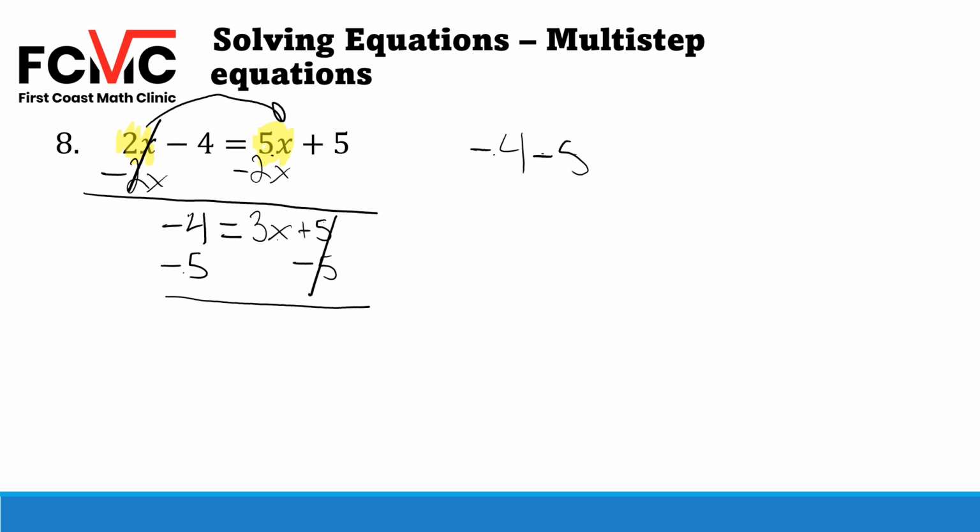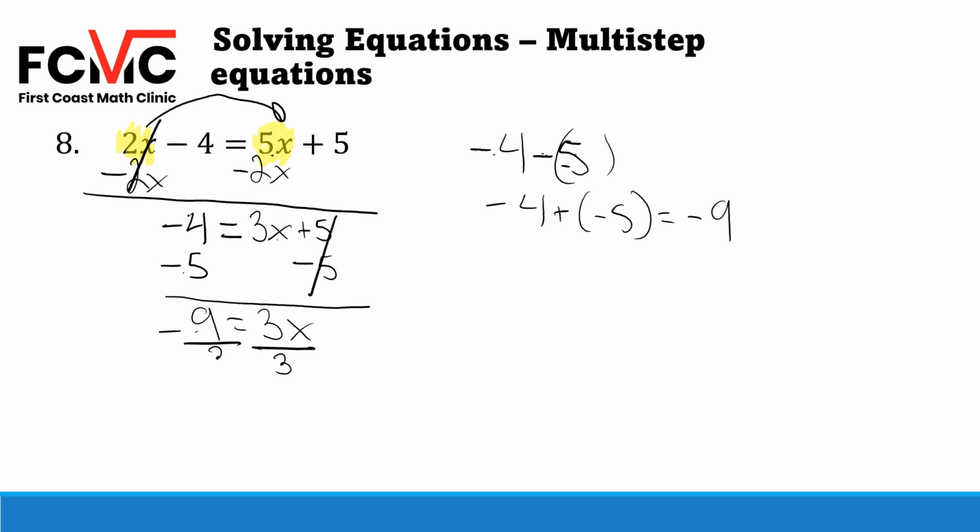Keep, change, so negative 4, subtraction becomes addition, positive 5 becomes negative 5. And this gives me negative 9. So negative 9 equals 3x. Divide by 3. 3 divided by 3 is 1 and 1. And negative 9 divided by 3 is negative 3.